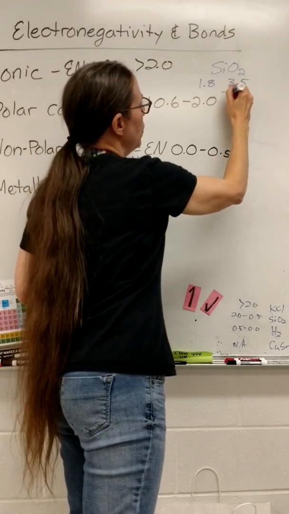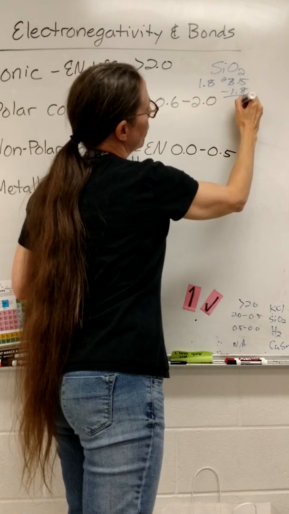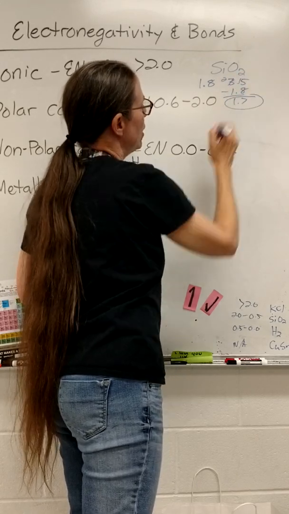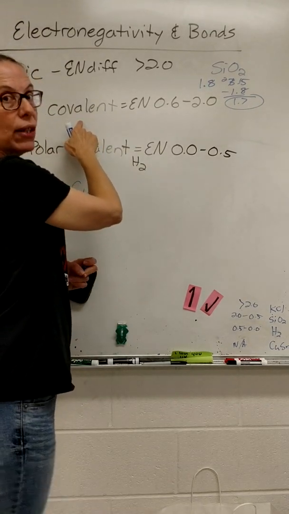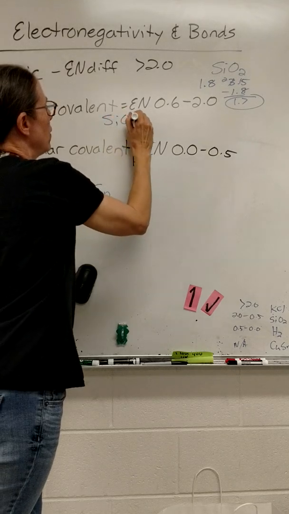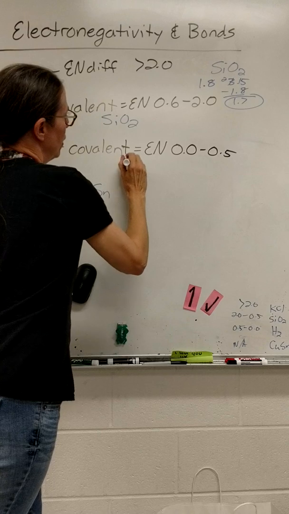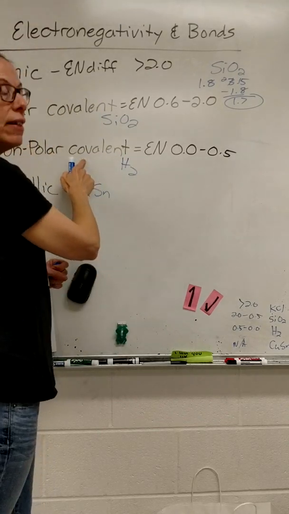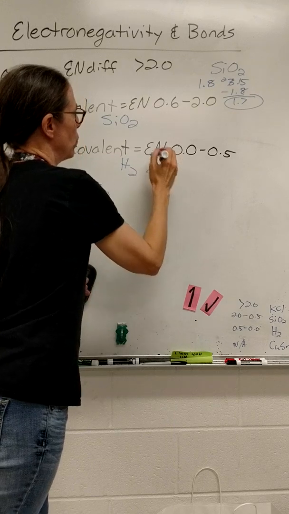So I have 3.5 minus 1.8. That is an electronegativity difference of 1.7. That puts us firmly into the polar covalent bond. So silicon dioxide is a polar covalent bond. Diatomic hydrogen is a nonpolar covalent bond. It has an electronegativity difference of 0.